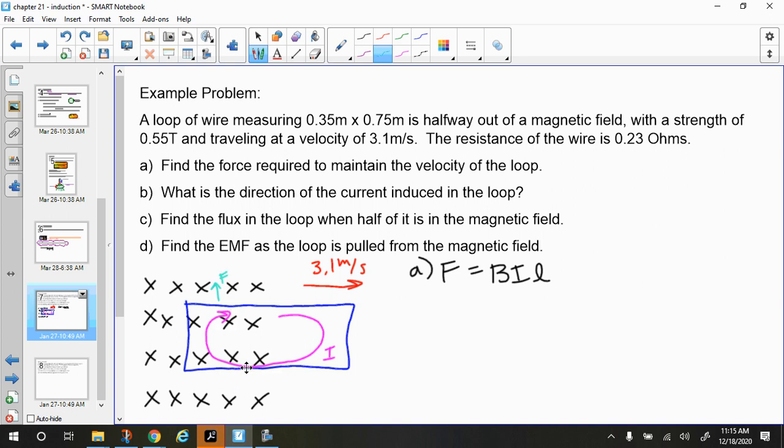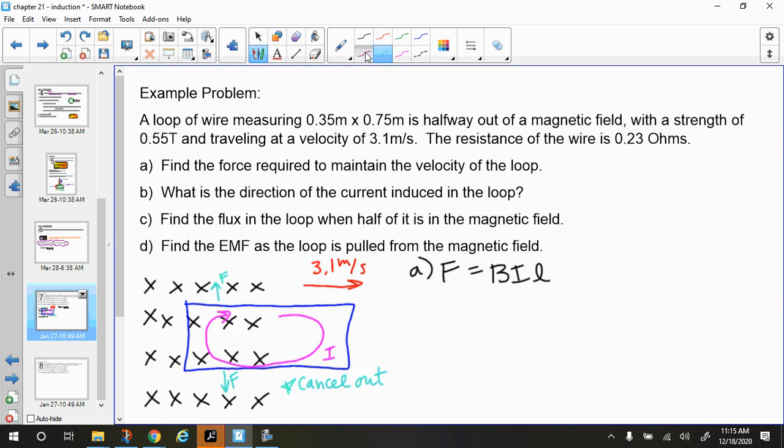On the bottom part of the wire, you have your current going to the left, your magnetic field is into the page, and so your force is down. So these are going to cancel out. So all we're going to care about is this section of wire.